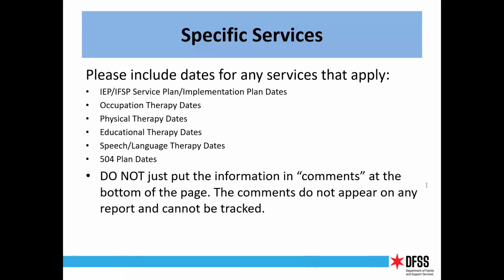I've had a couple of questions about how we're calculating the 10%. The answer is we're not. HHS is. We're reporting our total enrollment, our funded enrollment, and the number of children served this year with an IEP or IFSP, and HHS is going to calculate that based on the information we submit, and they will do it however they want.